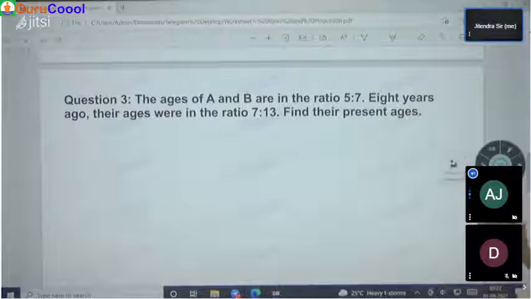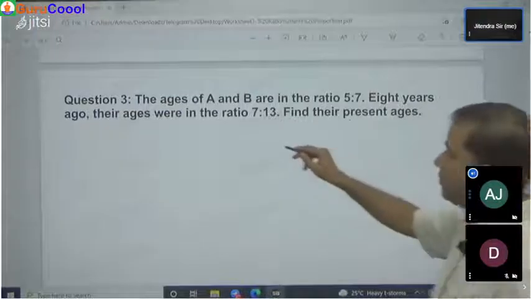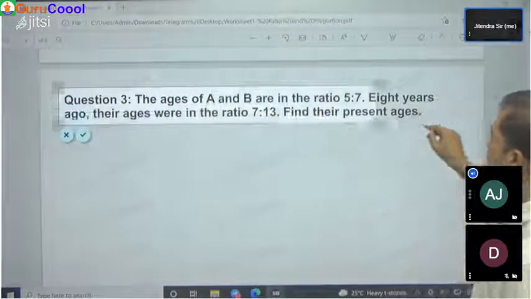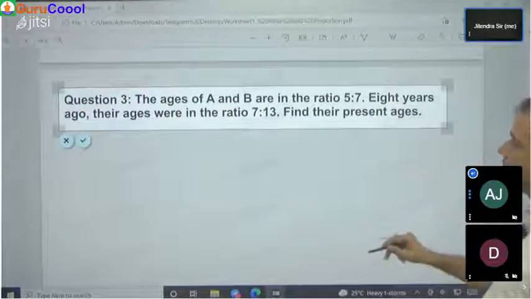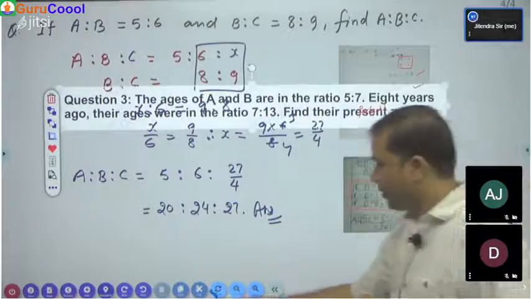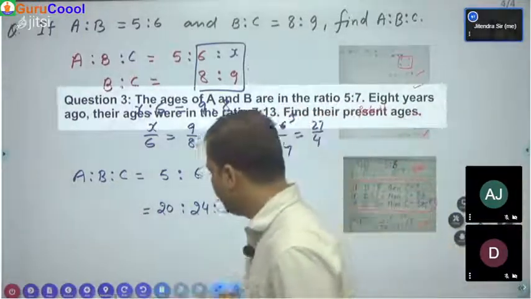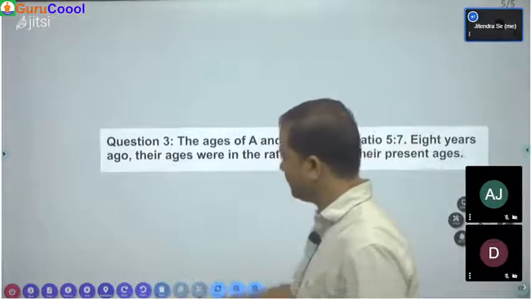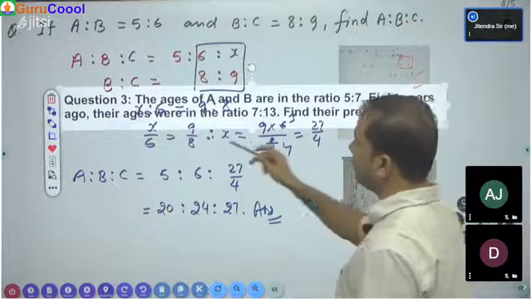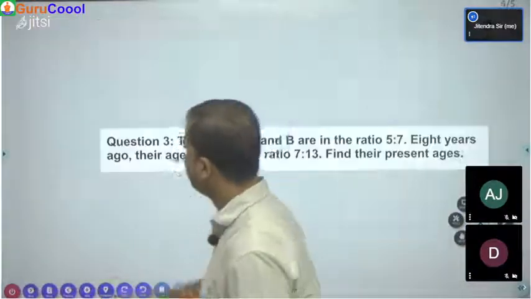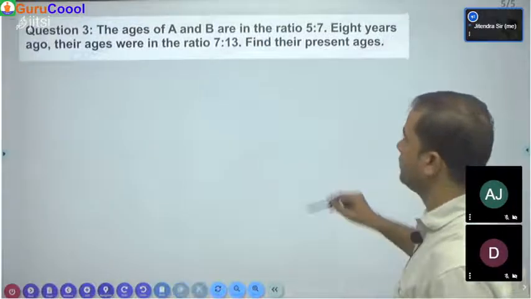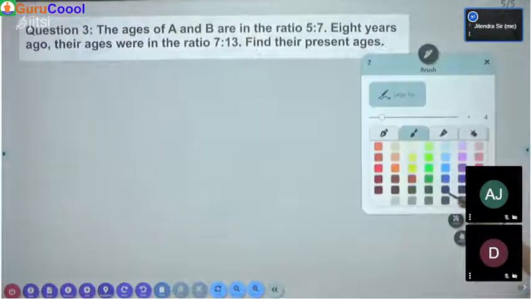Sir, I have a problem in this. We can take the age of the first person as X, then what should the age of the second person be? Wait. Here is our question and we have to solve it.